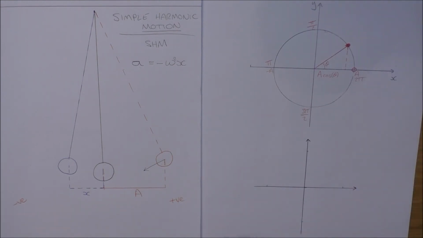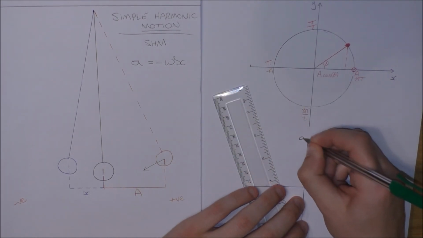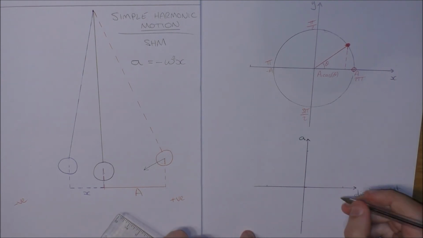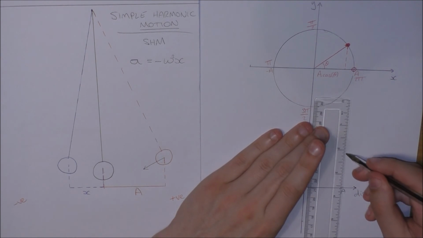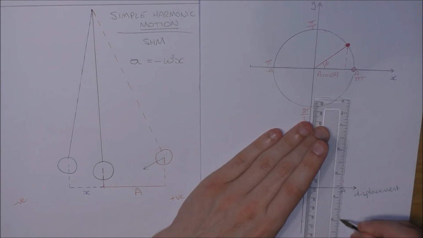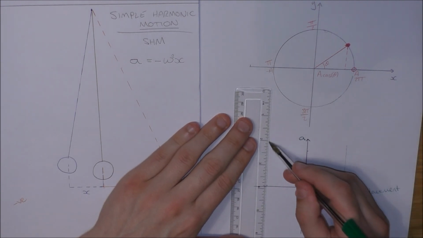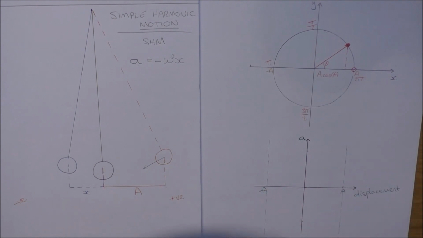This one is just a really important diagram that we need to know. So if I look at acceleration and I look at displacement, if this is maximum displacement in x, call that the amplitude, and this is maximum negative displacement in x, call that negative the amplitude.